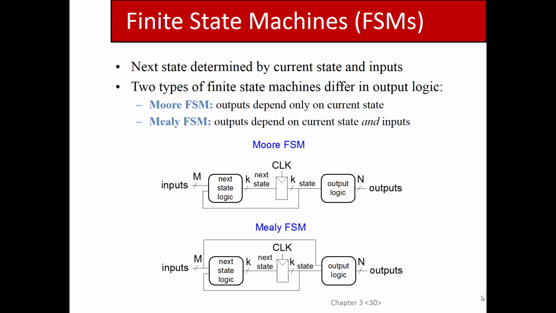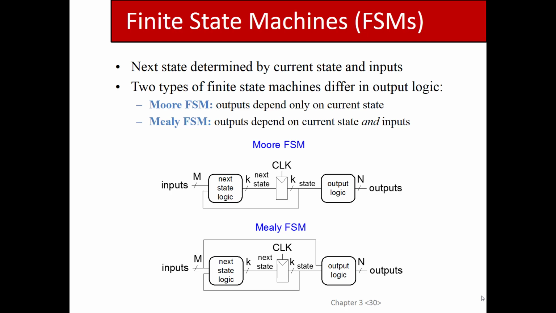In fact, you can make a Mealy machine as a Moore machine if you just make the inputs don't cares in the output logic. So in that sense, a Mealy machine is a superset of a Moore machine. The class of Mealy machines includes the Moore machines, right? So Moore machines are more restrictive, and that's why you can think of it as more is less.